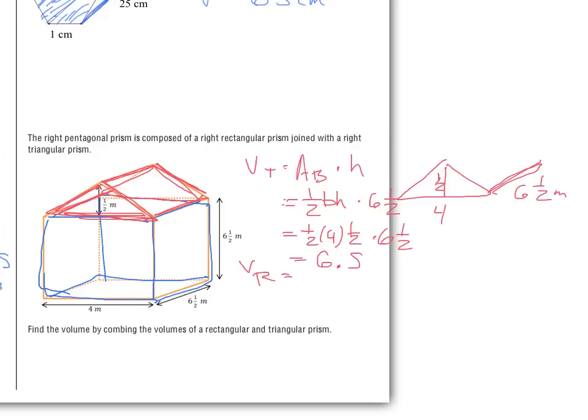Alright, so the volume of my rectangular prism. For me, it helps to draw out my rectangular prism. So this front face is what I'm going to call my base, and this front face is 4 by 6.5. So the area of my base times my height. Area of my base is base times height. And how deep does it go?